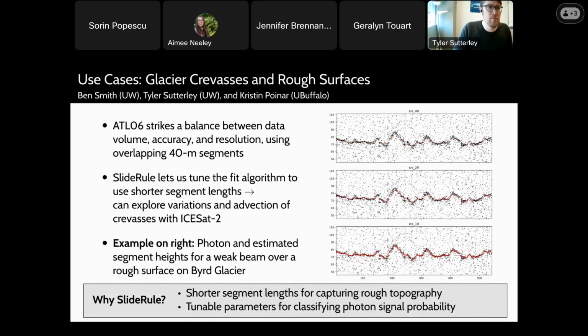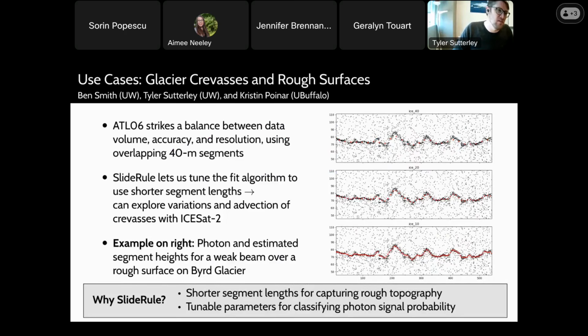One of the things that I'm a part of is looking at glacier crevasses, so really sharp and steep areas. This is an area that the standard ICESat-2 product wasn't really envisioning. We know that crevasses have been a problem for laser altimeters since we started flying LiDARs over glaciers in the early 90s.